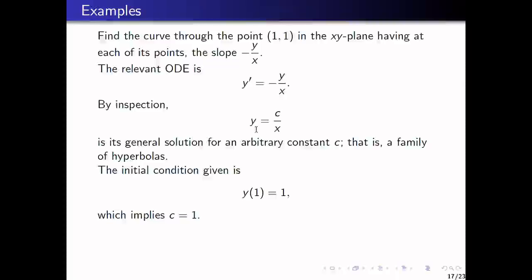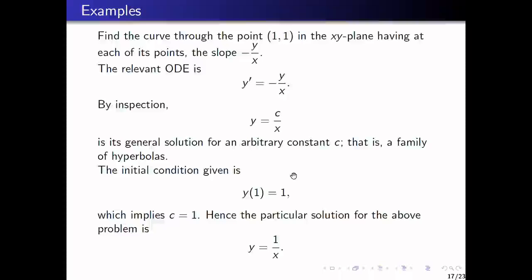If y is equal to 1 and x is equal to 1, that means c is equal to 1. Right? So we substitute c is equal to 1 in the given general solution, we get y is equal to 1 by x. So y is equal to 1 by x is the solution of the differential equation which satisfies the initial condition that it passes through the point (1, 1).